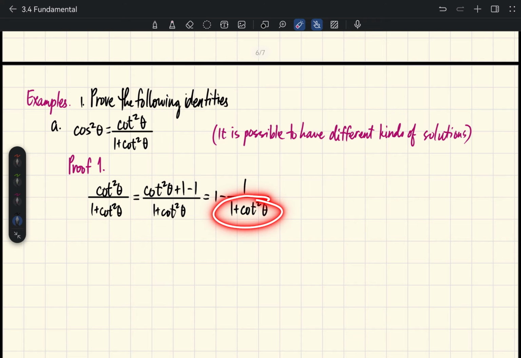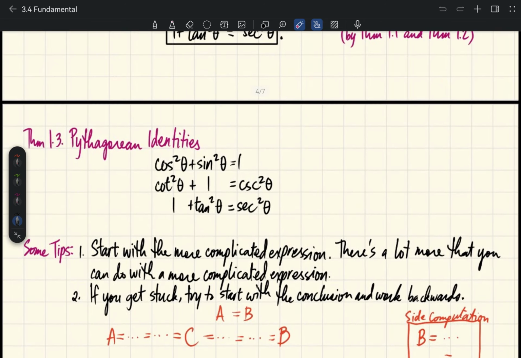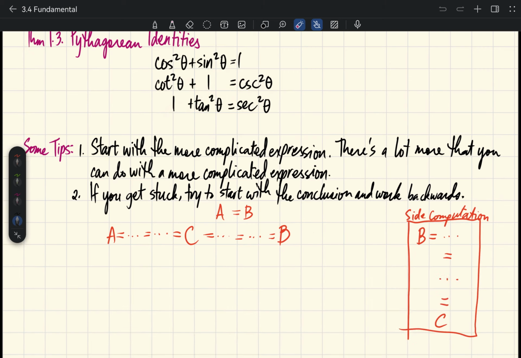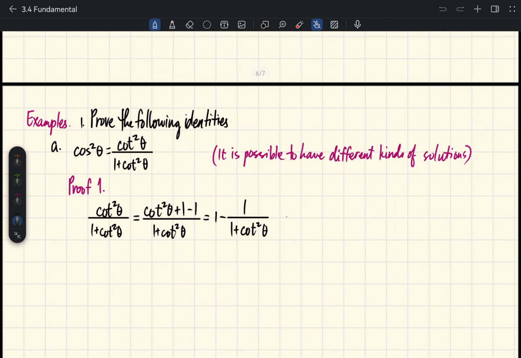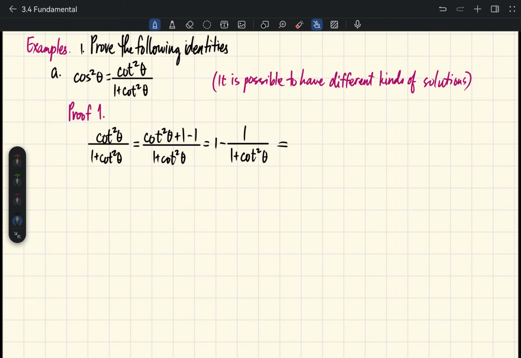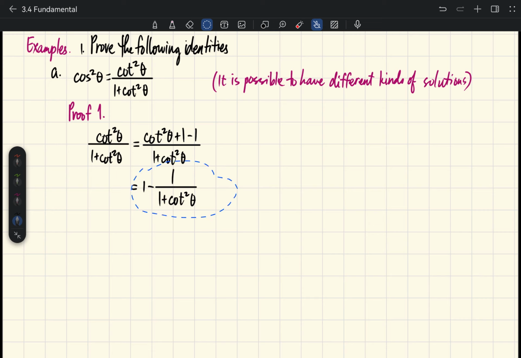But what's this one right here? If we go back to our Pythagorean identities, 1 plus cotangent squared theta is just cosecant squared theta. So by theorem 1.3, maybe I'll just put it somewhere here below so that I can make some notes. So first step, what we did is add and subtract 1.